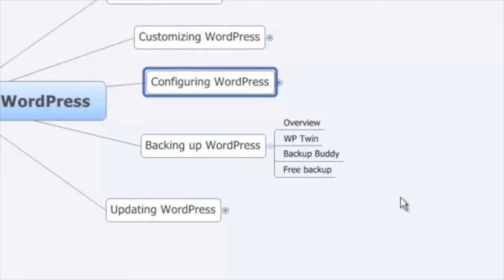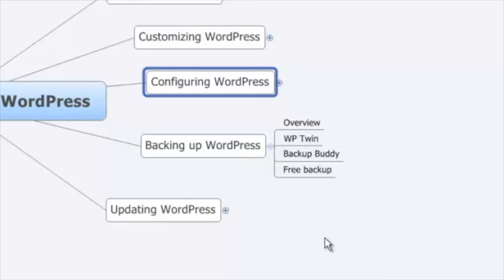And the plugins are WP Twin, which we've talked about before, Backup Buddy, and there's a free plugin on WordPress.org that proposes to do backups and restores completely free and painlessly. So what you have to keep in mind when you want to back up your WordPress installation is there are really two parts.